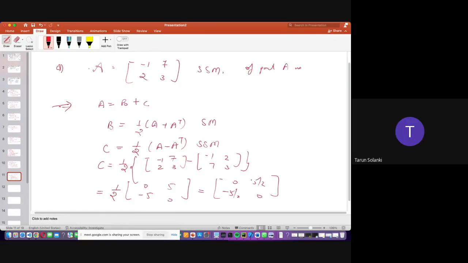Repeating, given matrix is minus 1 7 2 3, we need to find the skew symmetric part of A. So first we assume A equals B plus C. B is half of A plus A transpose, that is your symmetric part. The second one is half of A minus A transpose, that is your skew symmetric part. Then you get your skew symmetric part of A.